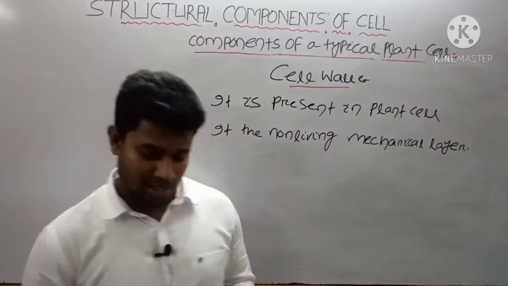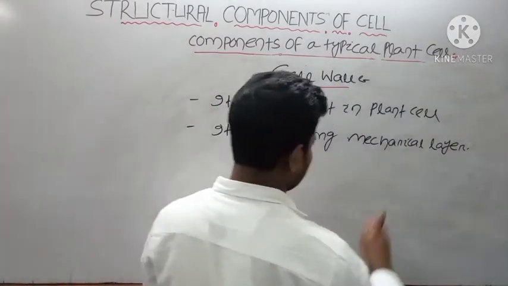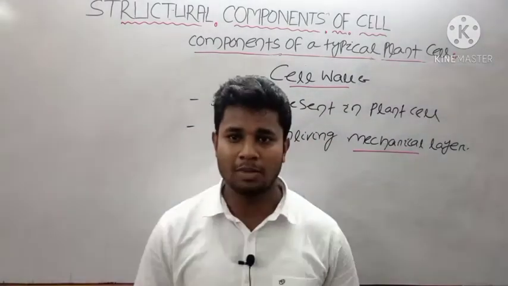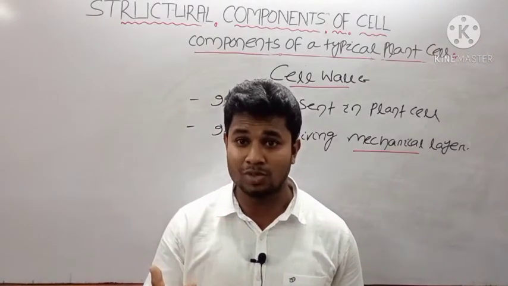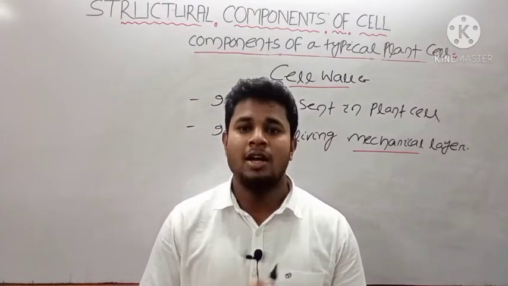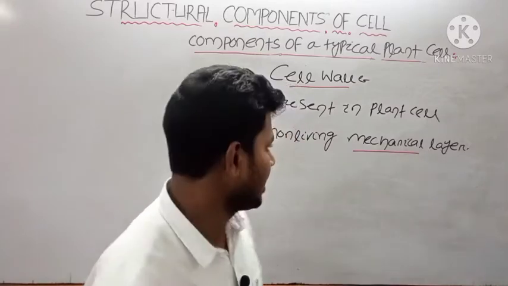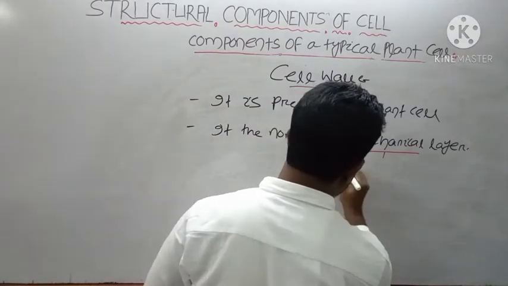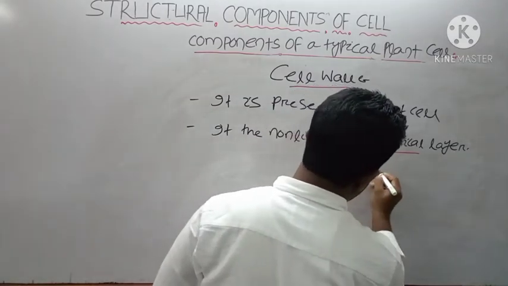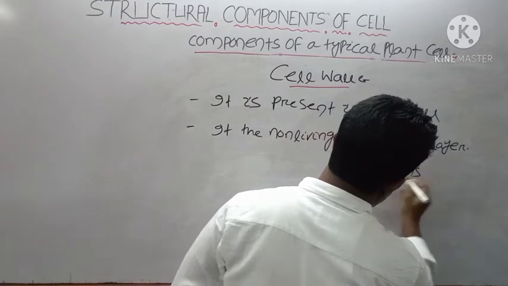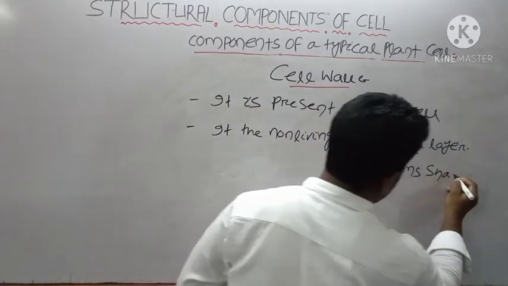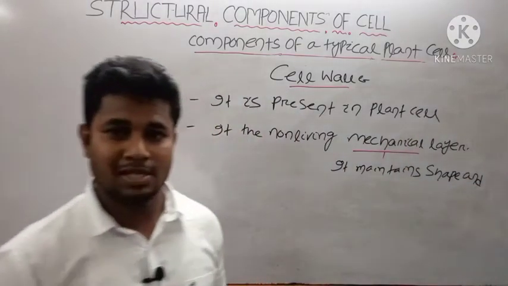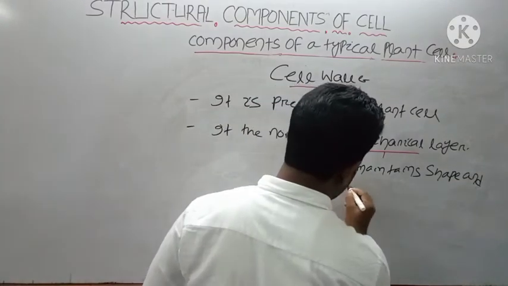Mechanical means the cell wall is the outer covering of the cell. It provides strength to the cell and maintains a definite shape and size of the cell.